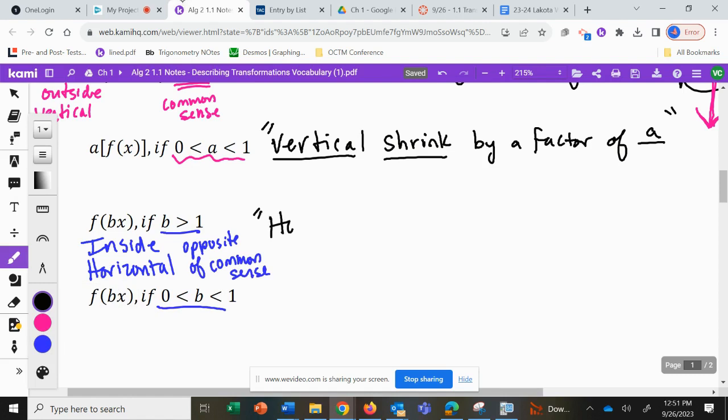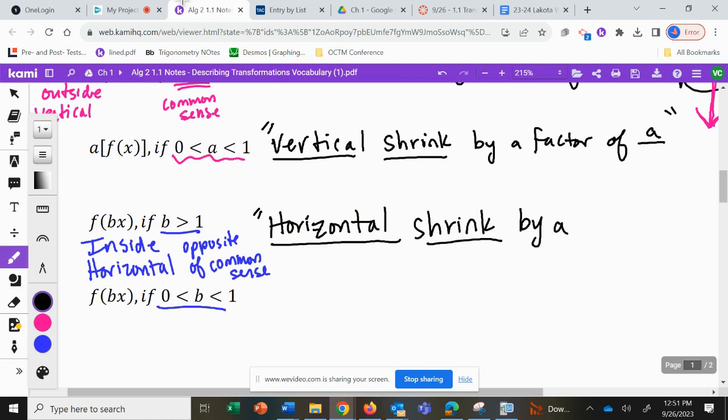So this is going to be a horizontal. If B is greater than 1, I would think that would be a stretch, but it's opposite of what I'd normally think. This one is a shrink. And then here's a surprise, because we haven't done this yet. By a factor of, this is something different we haven't done yet, 1 over B.